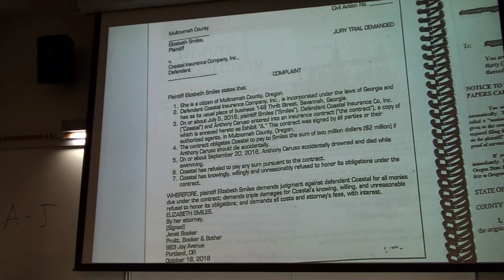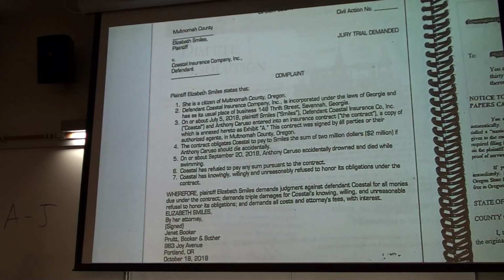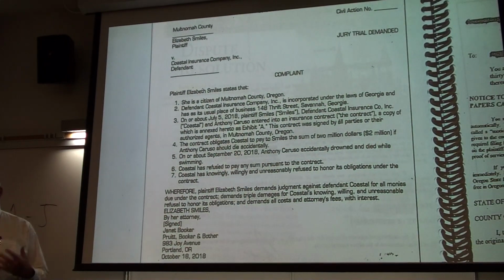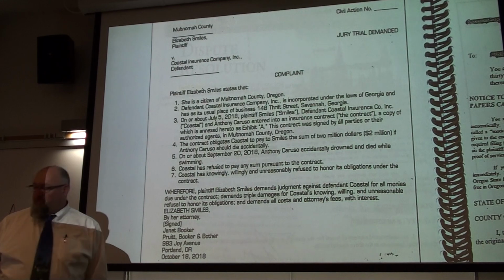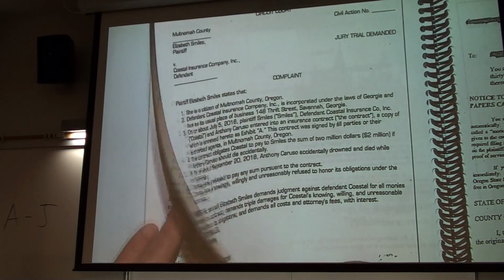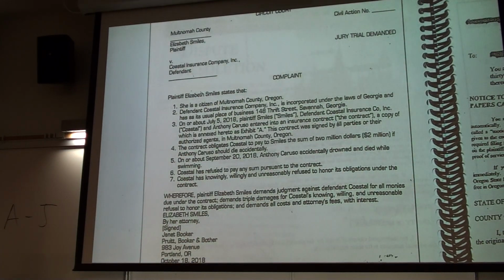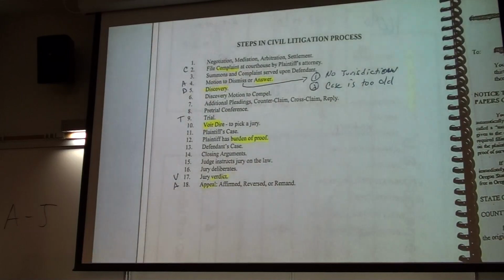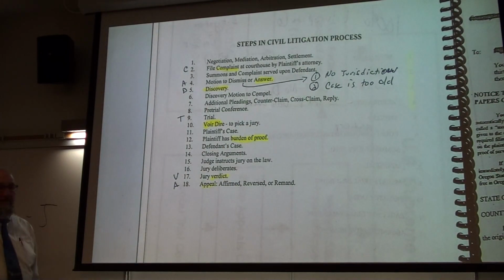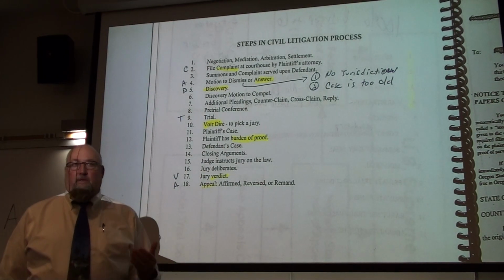But in our situation, it's 2018, and that's within the 6-year statute of limitations. So therefore, no motion to dismiss will be filed because the court does have jurisdiction and the case is within the 6-year time limit.